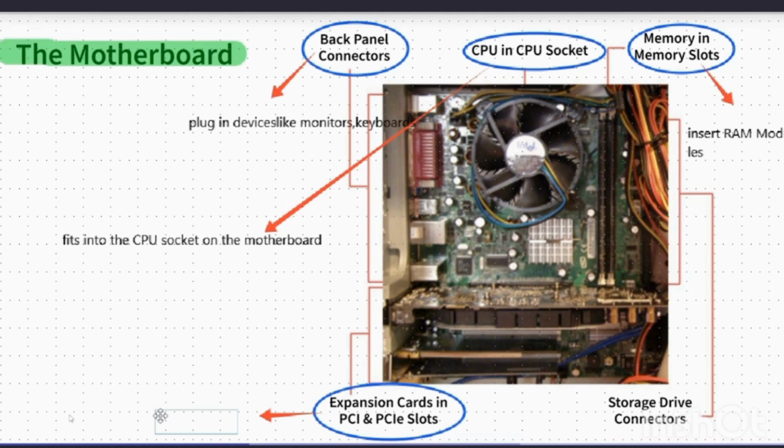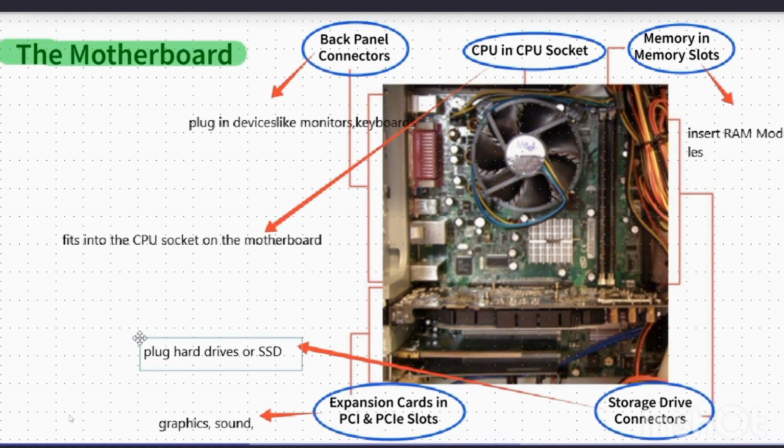They are the extra hardware components that you plug into PCI or PCIe slots on the motherboard to add features like graphics, sound, or networking to your computer. Storage drive connectors are the slots or ports where we can plug in hard drives and SSDs to store and access data on our computer.